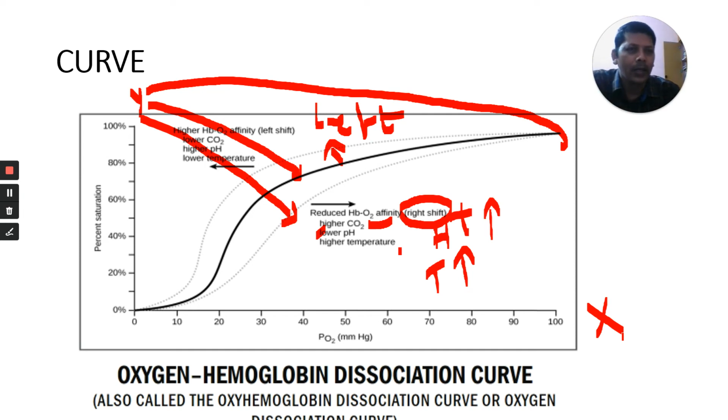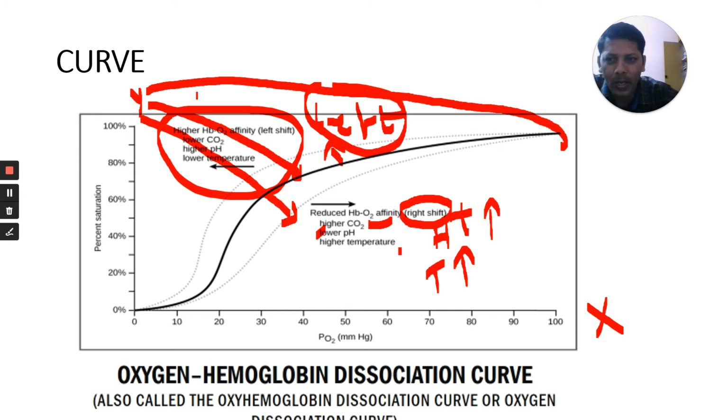In the recent NTA mock test papers, they have given this bit to NEET students. What causes the shifting of the normal oxyhemoglobin dissociation curve to the left side? You have to remember these four, very important.